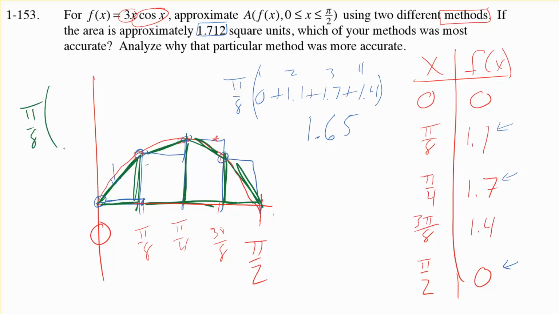The area of a trapezoid is base 1 plus base 2 divided by 2 times height. Now I put the height way out in front.